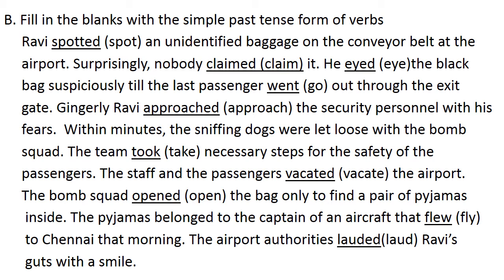Now moving on to the paragraph here. Ravi spotted an unidentified baggage on the conveyor belt at the airport. Here the verb spot becomes spotted. Surprisingly, nobody claimed it. The verb form claim has changed into claimed.